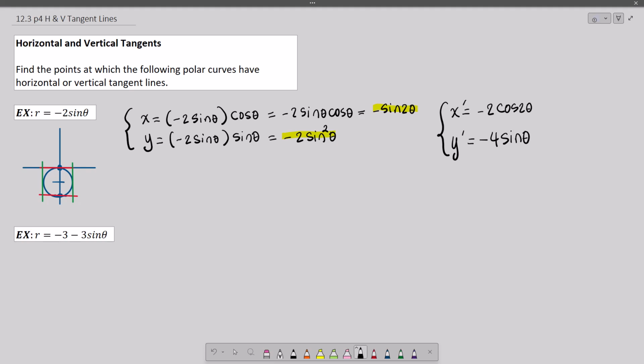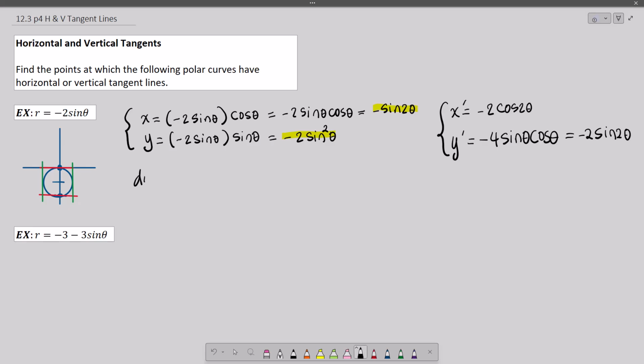Pop the 2 down, subtract 1. But then we have to differentiate the base. We get cosine of theta. There's another double angle if we want to change it. This one we could write as negative 2, and then we have a 2 sine theta cosine theta, so that becomes sine of 2 theta. So this time let's go with double angles. Just for grins.